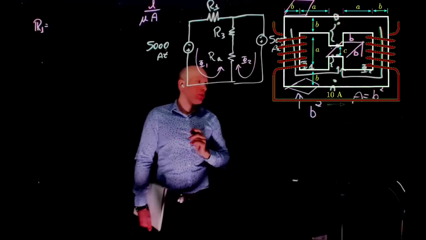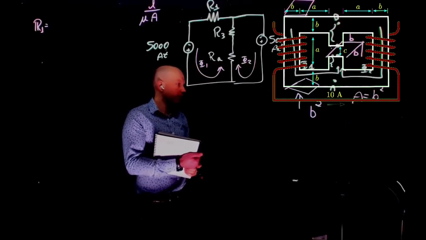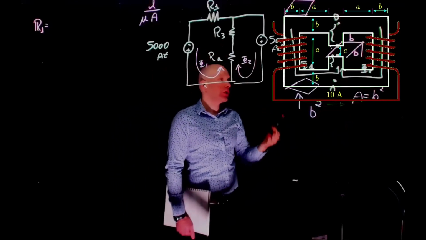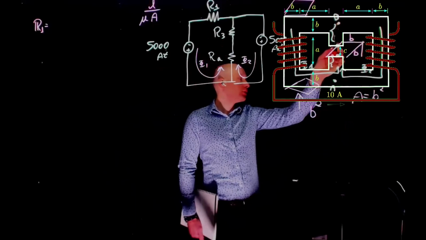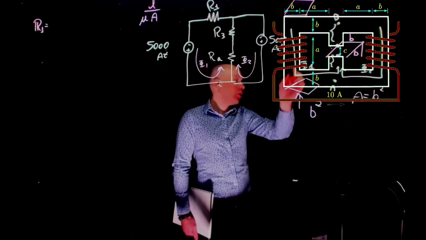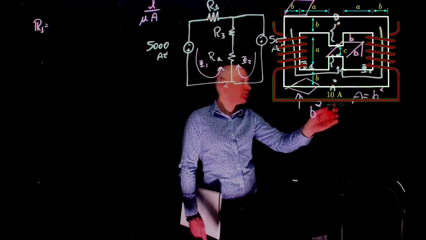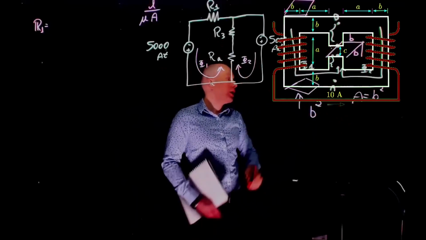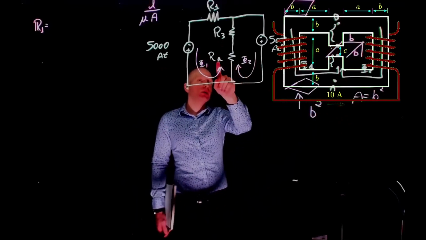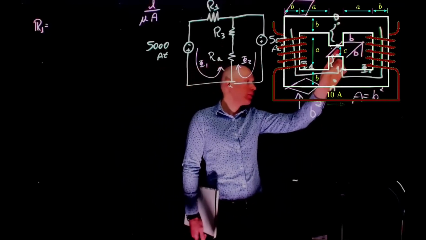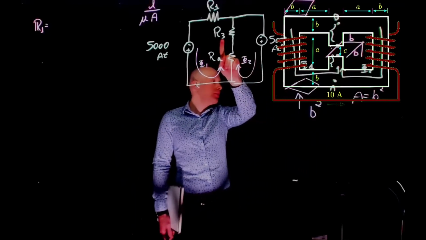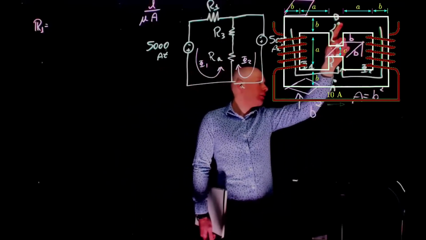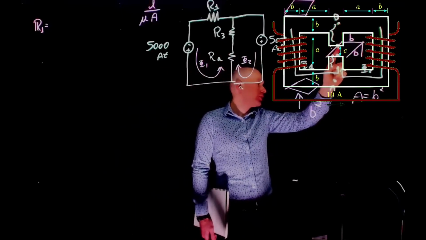Sorry, can you explain how you got R1 in the electrical circuit? Yeah, so R1 is the reluctance from this point all the way to that point. From here to there. And then reluctance A is the air gap, and reluctance 3 is the reluctance from B to this point here.